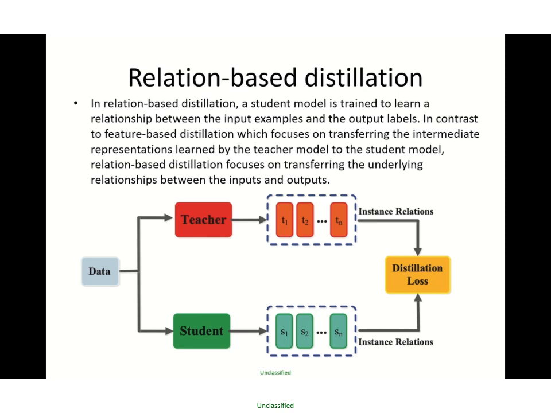Then the outputs from each instance are where we apply the distribution loss function to minimize the distance between the teacher model outputs and the student model outputs. One of the advantages of relation-based knowledge distillation is that it can help the student model learn a more robust and generalizable relationship between input examples and output labels than it would learn from scratch.